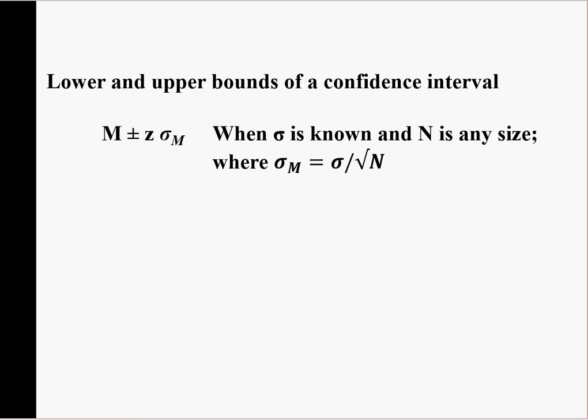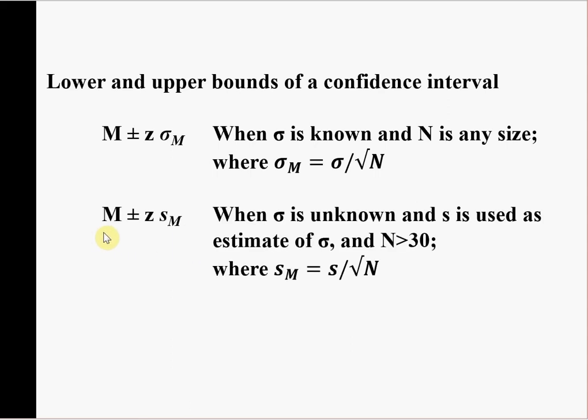So a more likely scenario is that we do not know the population standard deviation. Then what happens? Can we still use the same expression to find the lower bound and upper bound of a confidence interval? When that happens, we can still use the z-score, but we use this expression.